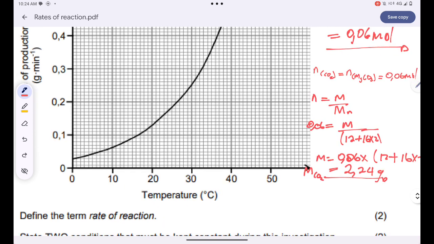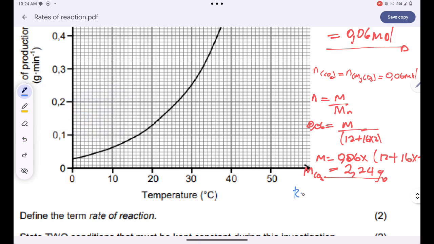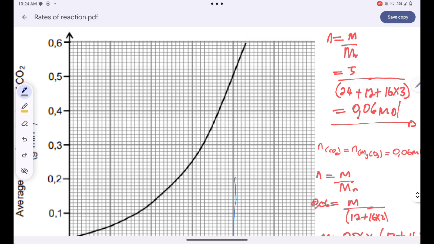So my rate of reaction, let me use a different color. The rate of reaction is basically equal to the change in mass all over time. The rate of reaction I was given, at 40 degrees, what is the rate? Let me check.